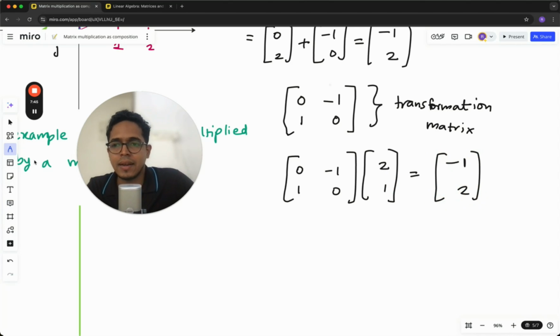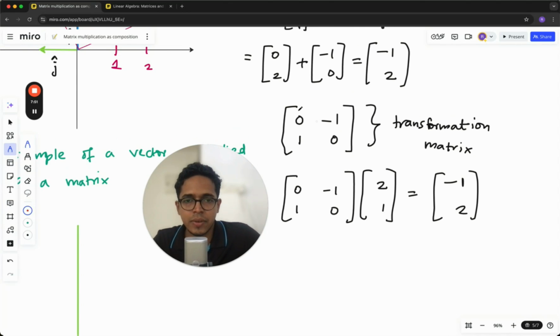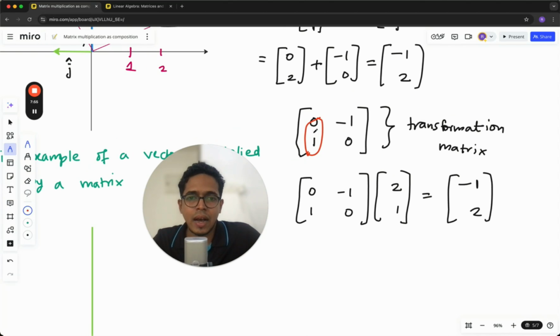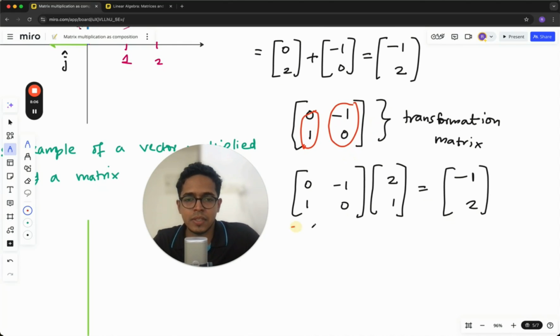So you can clearly see that the first column of the transformation matrix is literally where the i unit vector ends up. The second column of the transformation matrix is where the j unit vector ends up. And the transformation itself is nothing but multiplication of this matrix, let's call it M, with the vector V. And this will give us the transformed vector Vt.